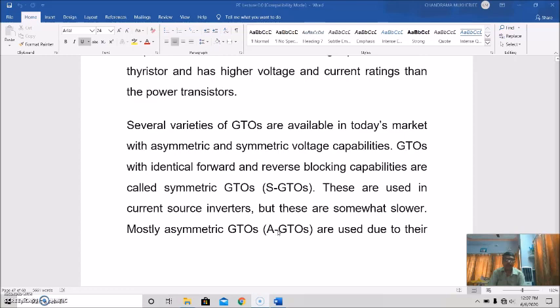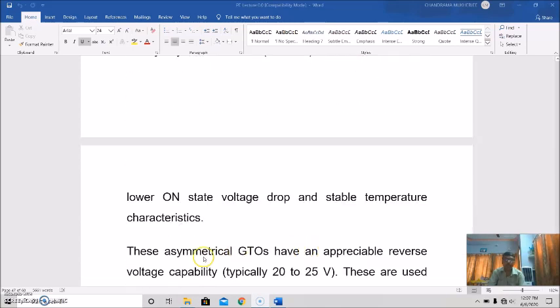Several varieties of GTOs are available in the market with asymmetric and symmetric voltage capabilities. GTOs with identical forward and reverse blocking capabilities are called symmetric GTOs or SGTOs. These are used in current source inverters, but are somewhat slower. Mostly asymmetric GTOs are used due to their lower on-state voltage drop and stable temperature characteristics.